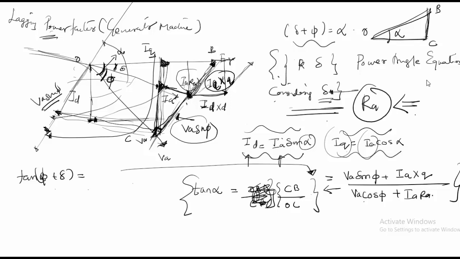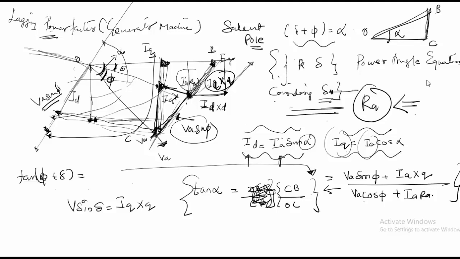So this was for a salient pole machine. Some other considerations from this are that V sine of delta is equal to IQ into XQ.